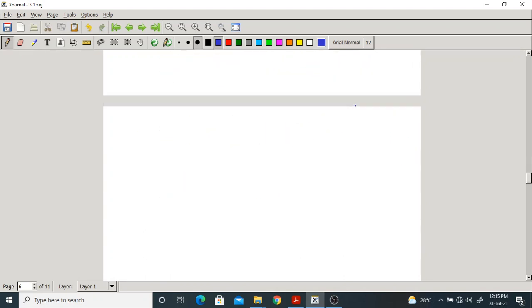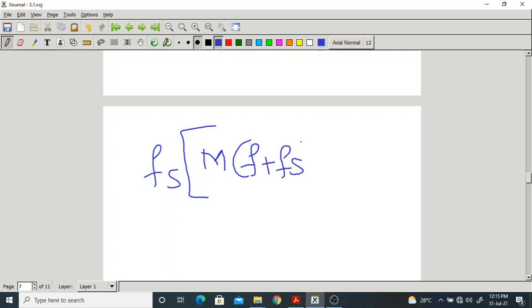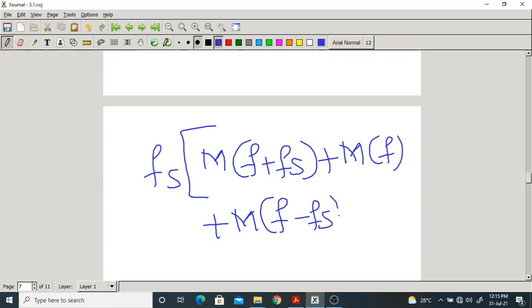Why? Because if you expand the above expression, taking fs common, you get m of f plus fs, plus m of f, plus m of f minus fs, plus so on.